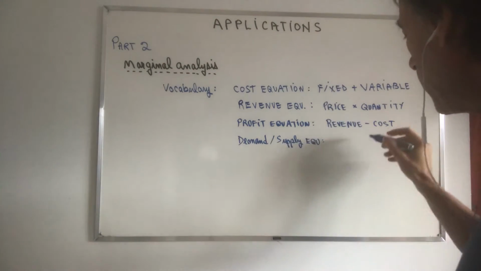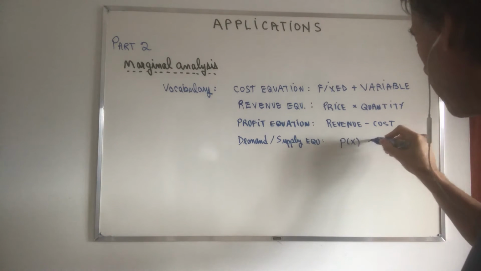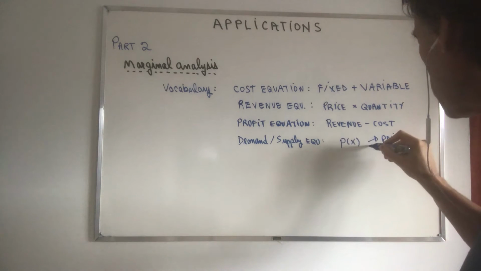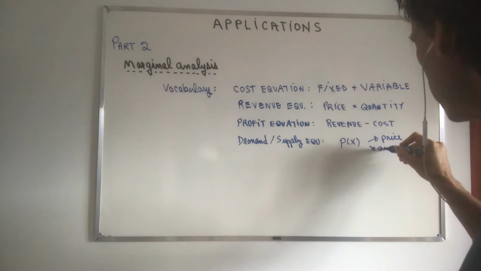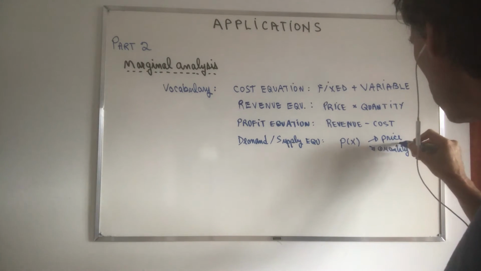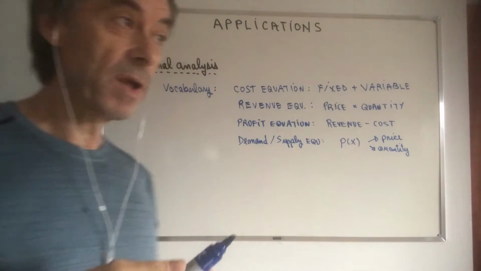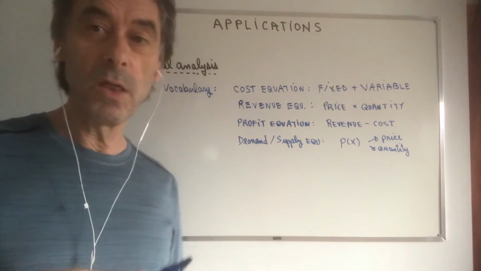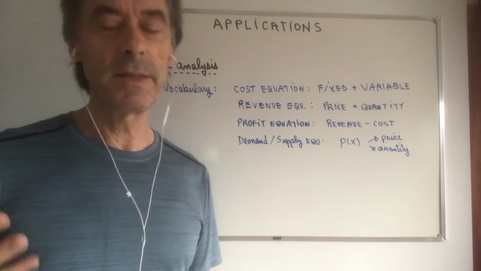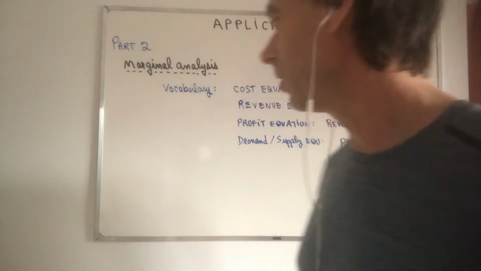But this is basically a function p of x, where p is the price and x is the quantity. So it's a function of price versus quantity. In other words, as common sense dictates, if the price is really, really high, fewer people will want it. If the price is really, really low, then more people will want to buy the item. So x will grow when p goes down. That's the standard demand equation.